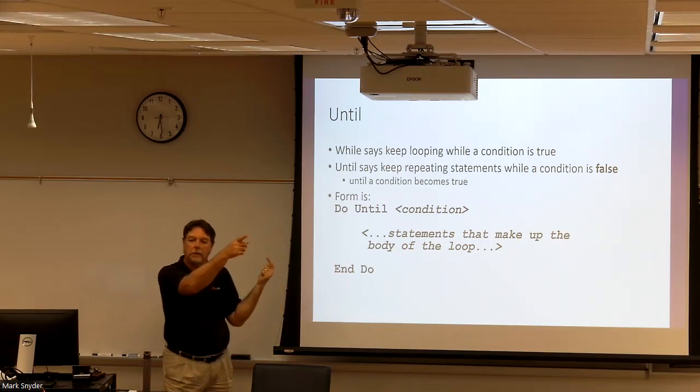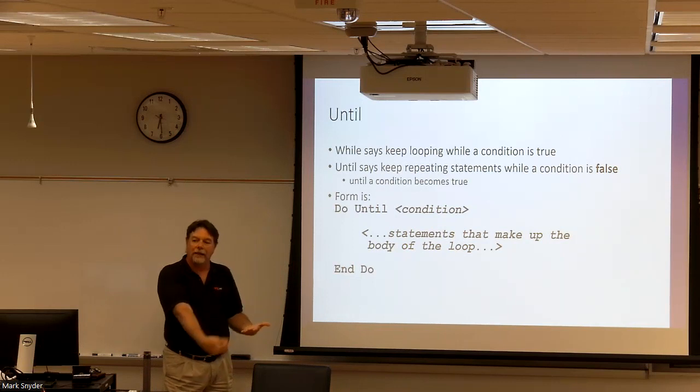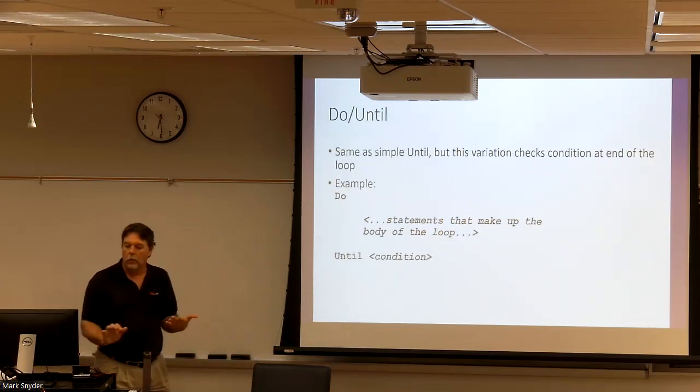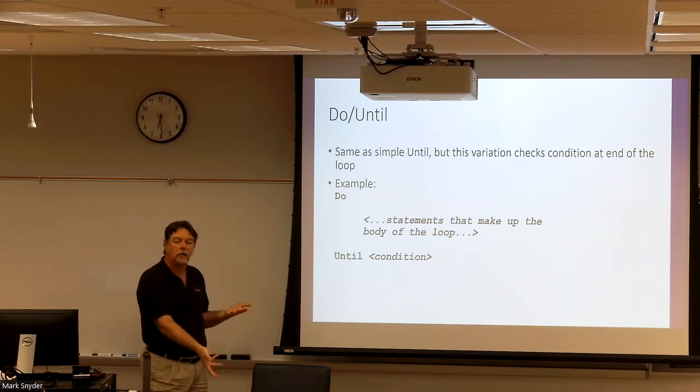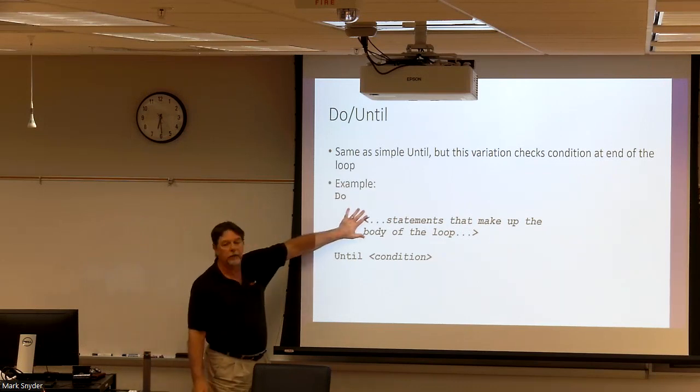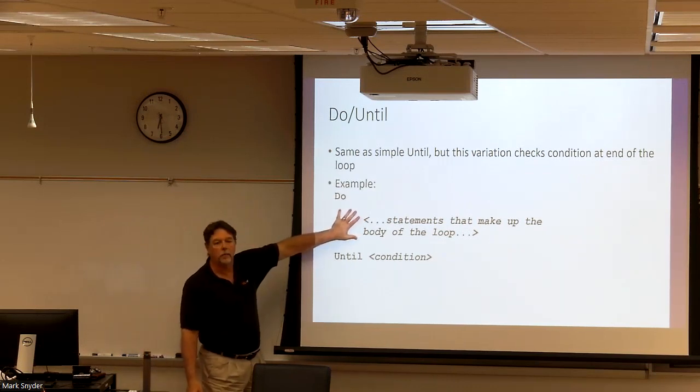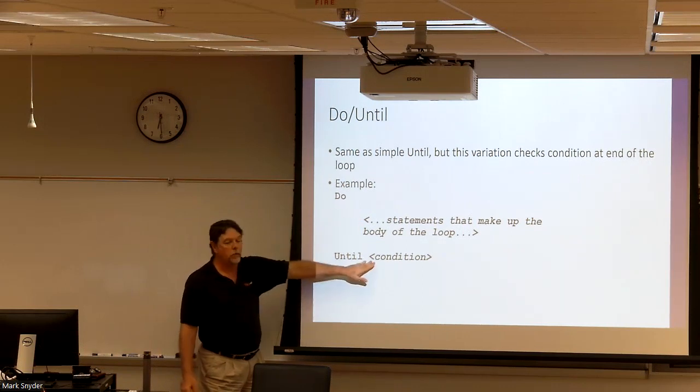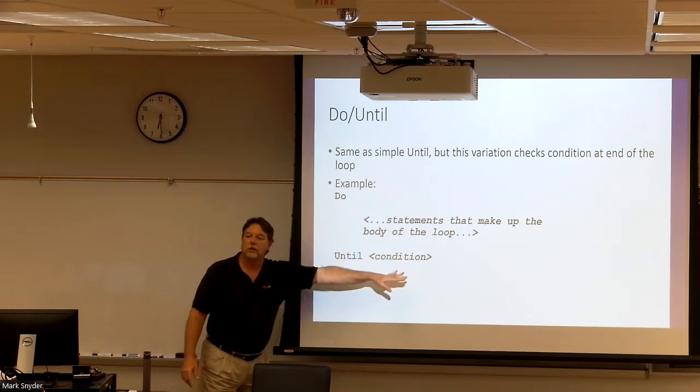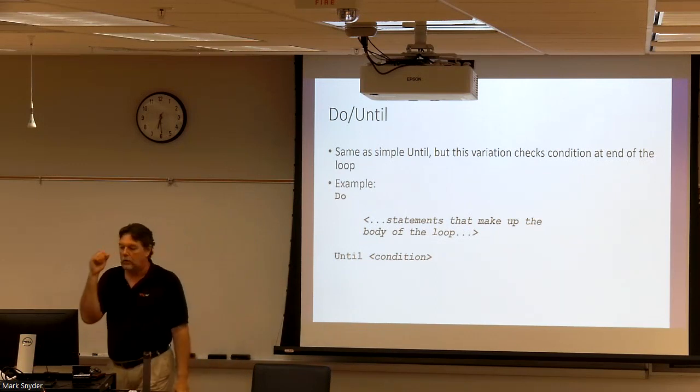So we've got do while at the beginning, do until at the beginning. We've got do while at the end, do until at the end. Again, these are guaranteed to execute 1 or more times. And then we check until this condition becomes true at the end of the loop.